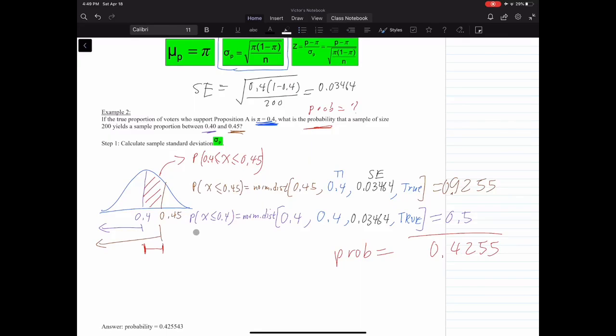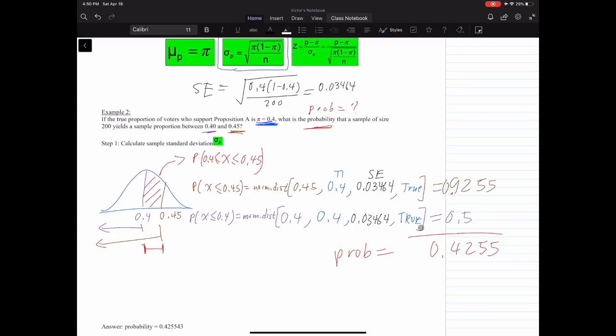Next, we calculate the probability of x less than or equal to 0.4, using equal norm.dist. Our x is now 0.4, because we're looking for the probability of x less than or equal to 0.4. The mean is your population proportion, 0.4, the standard error is the same, and cumulative is true as well.